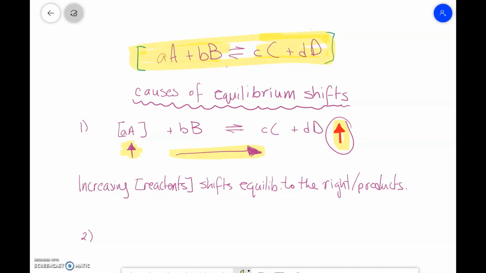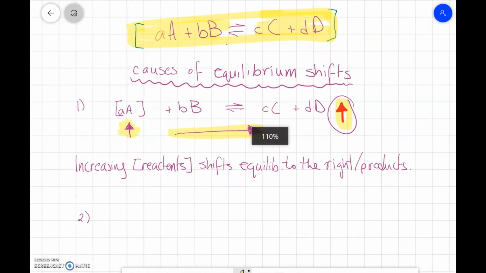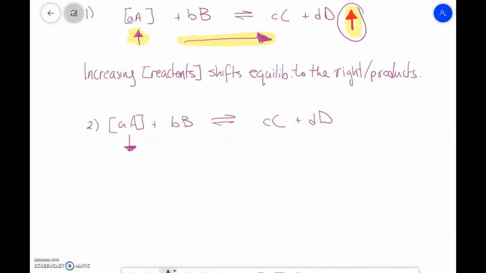Now let's look at the second scenario involving reactants. Here we have, again, our compound A, decreasing in concentration. Now we are seeing a shift towards the reactants because the equilibrium is not balanced anymore, and since the reactants are decreasing, the equilibrium is going to want to shift to the side that's losing something to make it increase once again.